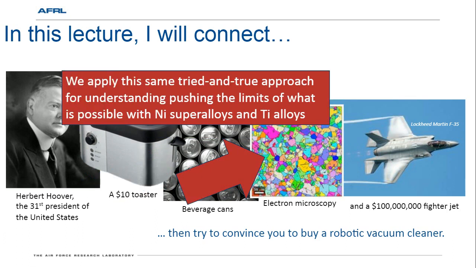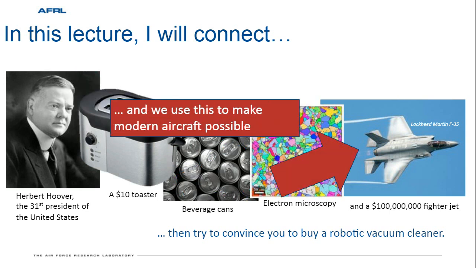And we want to apply the same tried and true approach for understanding and pushing the limits of what's possible with nickel superalloys and titanium alloys. And we will use that knowledge to try to make modern aircraft and future aircraft possible.